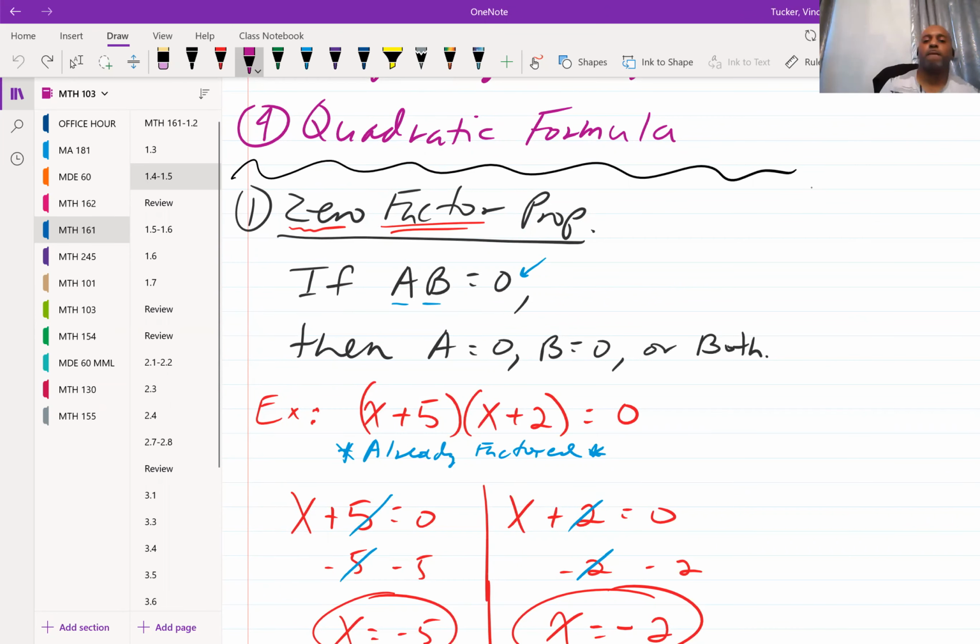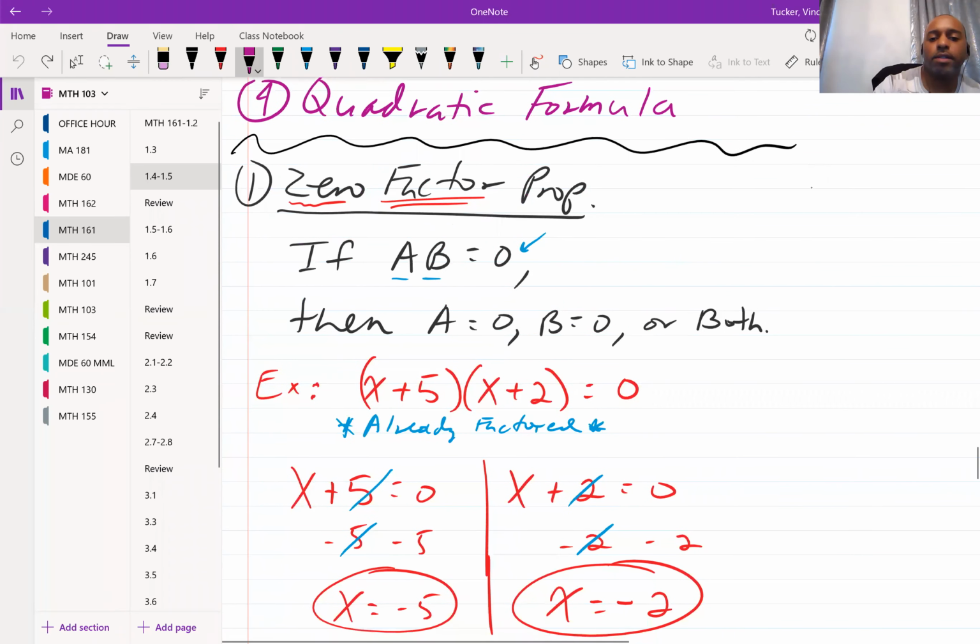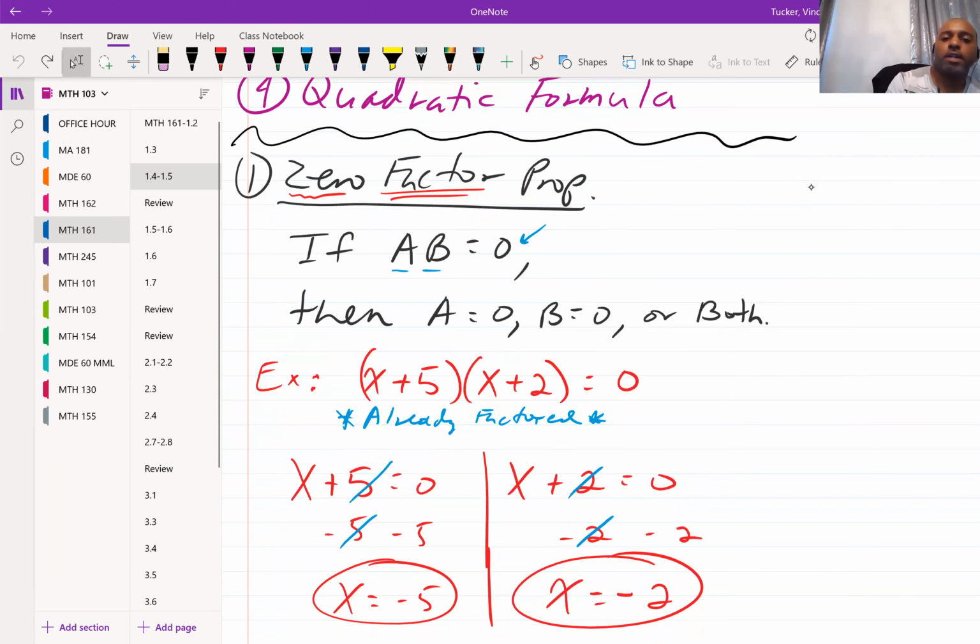Looking at how we're going to apply this, once I have my expression factored completely, here we have x plus 5 times x plus 2, then we can set each part equal to 0 and go ahead and solve. Now I can set each piece equal to 0 and solve.